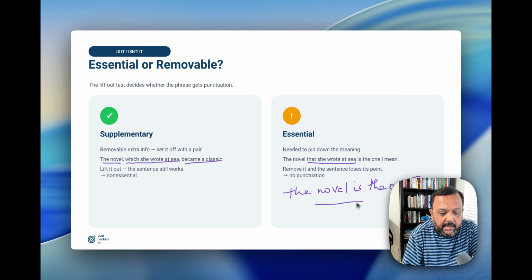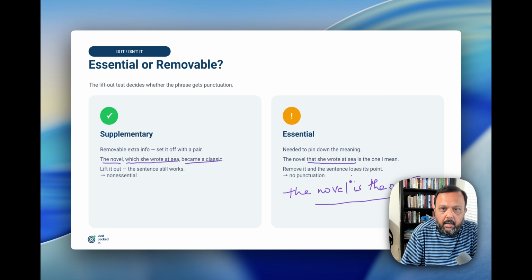This is a complete sentence, but in terms of meaning, it is still non-specific. Which novel are you talking about? The phrase "that she wrote at sea" provides the specificity that this sentence needs.